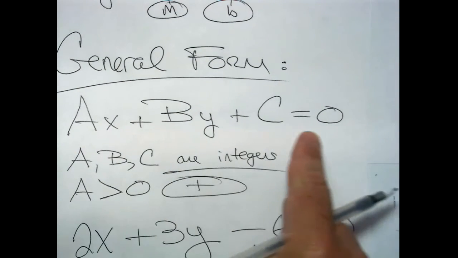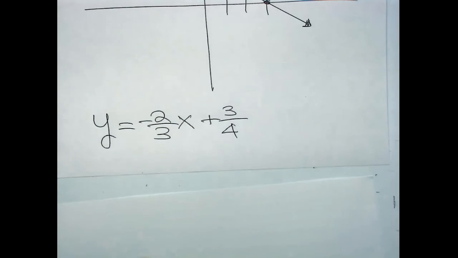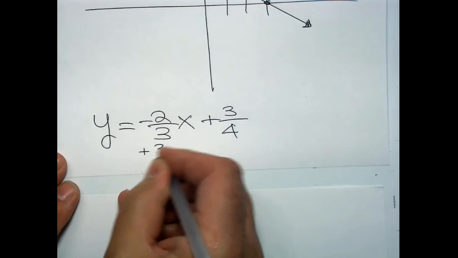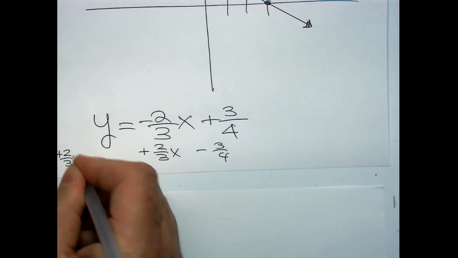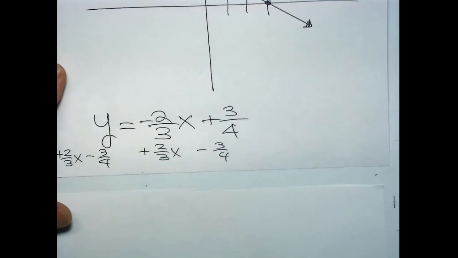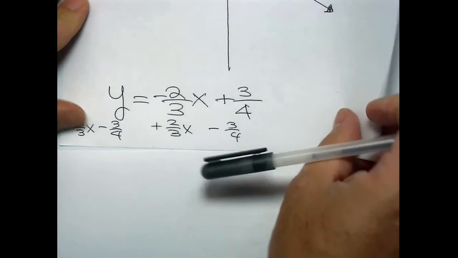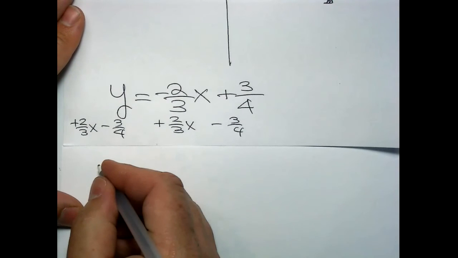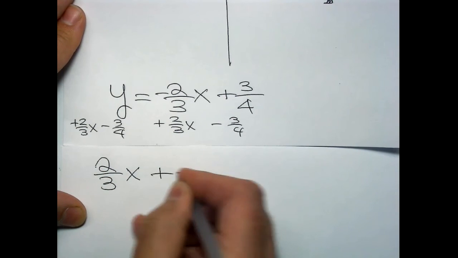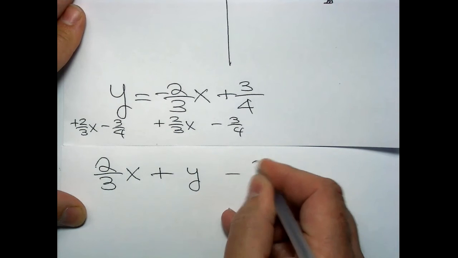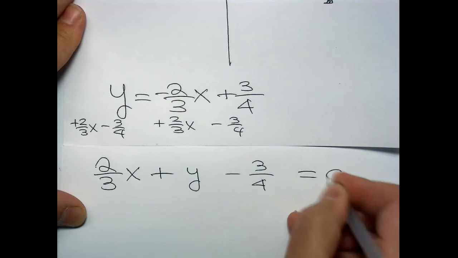It's all on the left equals 0. So what we're going to do is move everything over. Let's add 2/3 x. Let's subtract 3/4. And this is what I end up with. I like the x first, 2/3 x plus my y minus 3/4 is equal to 0.